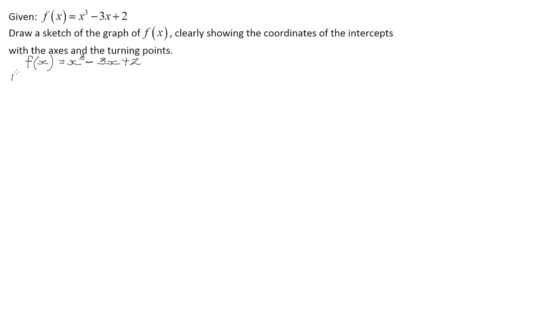So, what will be the shape of this graph? If you look at the coefficient of x cubed, then you will see that it's positive 1. It means that a is equal to 1. This is positive, so it means you're going to have that shape.